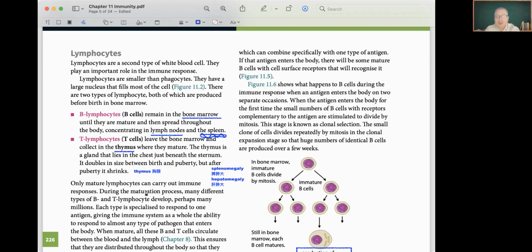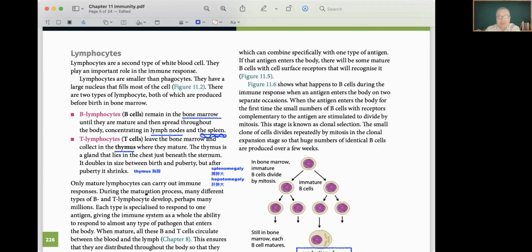But before adulthood, from the neonatal age to maybe 10 or 12 years old, the thymus becomes less and less active. But before the inactivation of the thymus, it is where the T cells mature and have the very important functions of our immune response.